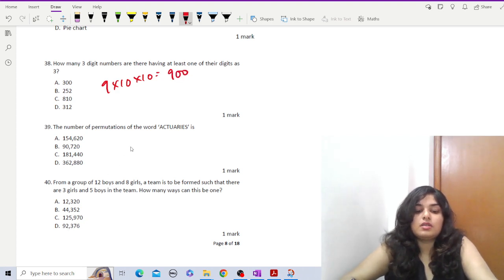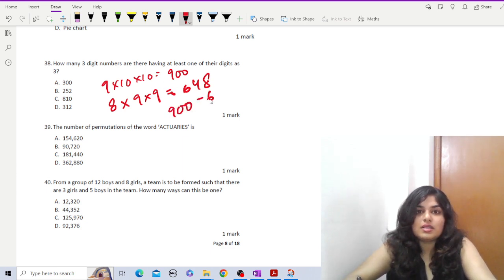Number of 3-digit numbers without the digit 3 is 8 into 9 into 9, that is 648. So the number of numbers with at least one 3 is 900 minus 648, which is 252. That is option B.